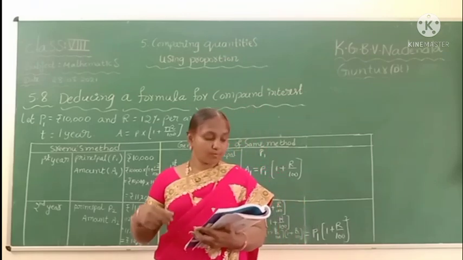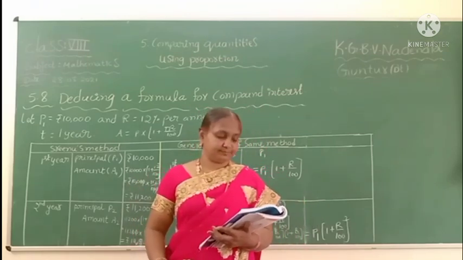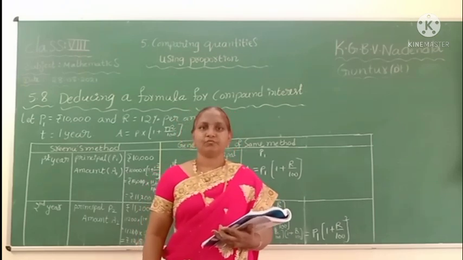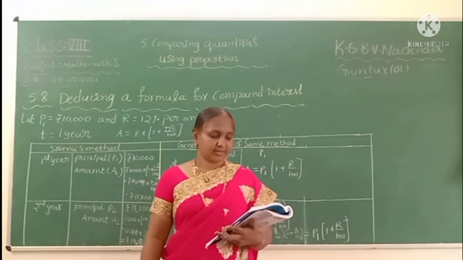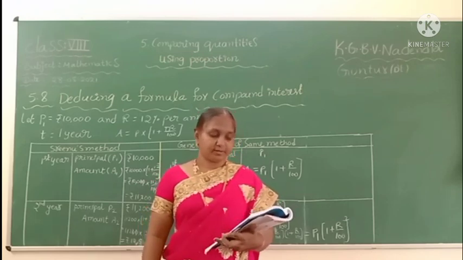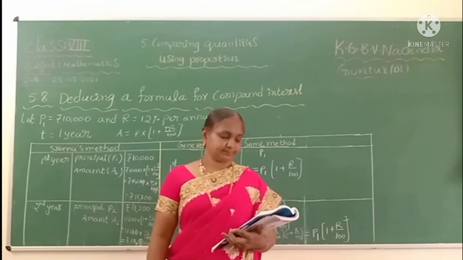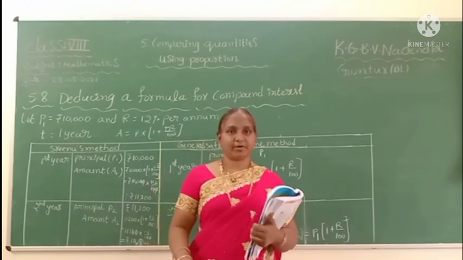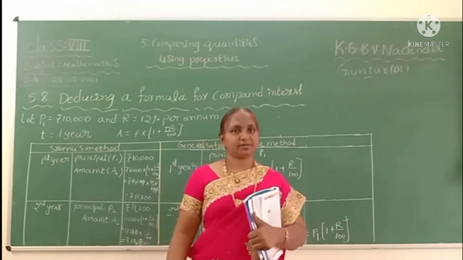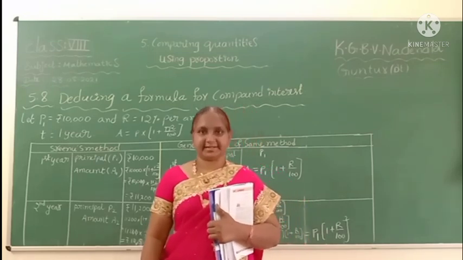But if you have more than 2 years, should we calculate it in the same way? We feel it is difficult. Is there a short way for finding compound interest? Try to find a shorter method.